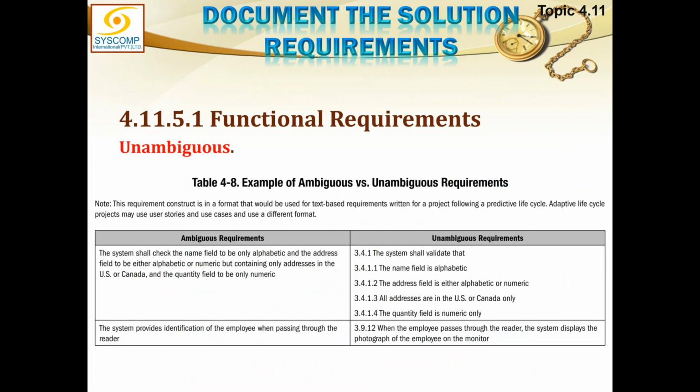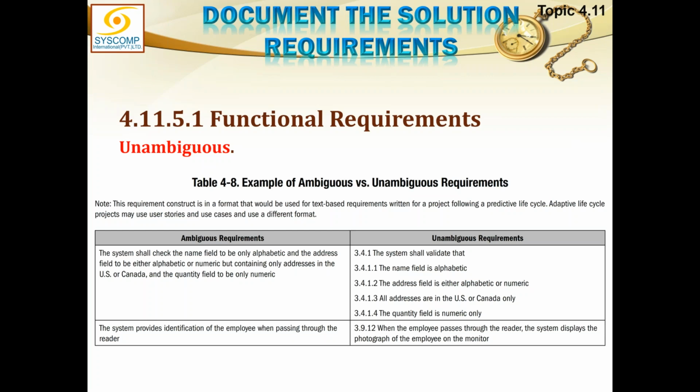For example, in this table, an example of an ambiguous and unambiguous requirement. Ambiguous requirement: A system shall check the name field to be only alphabetic and the address field to be either alphabetic or numeric, but containing only address in the US or Canada, and the quantity field to be only numeric.